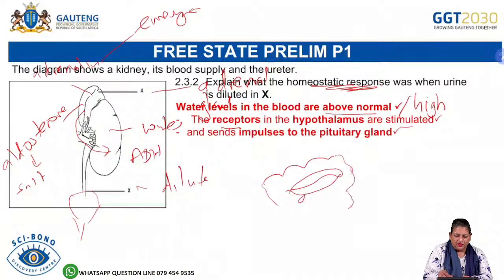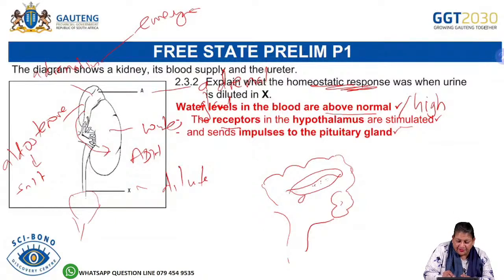Okay, so remember that. That's how the brain is. So the water level is high in the blood. It will stimulate the receptors in the hypothalamus, which will stimulate the pituitary gland to secrete what? To secrete, when we talk of water, the hormone ADH.